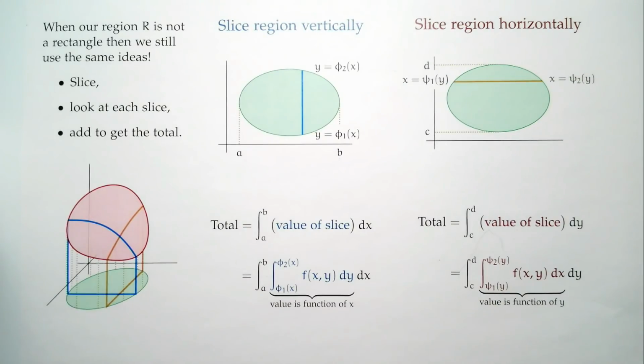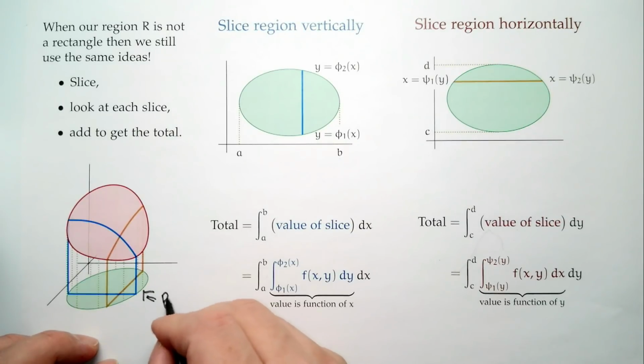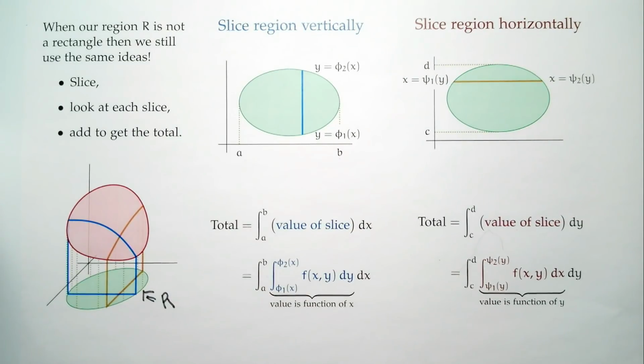So as an example here, this green part down here is our region that we're integrating over. This is what we would call R. There's our region. And you can see it's not a rectangle. It's got curves. Real regions have curves.